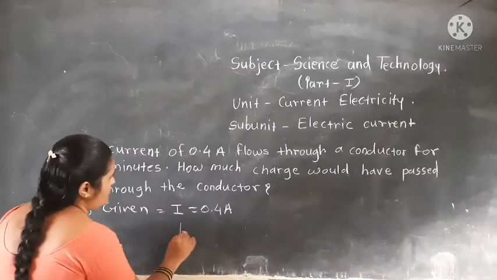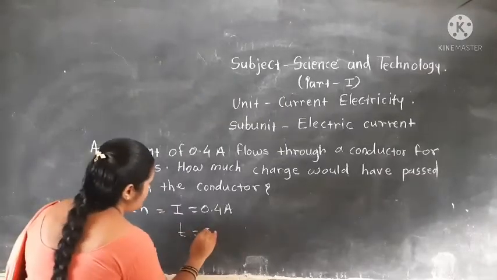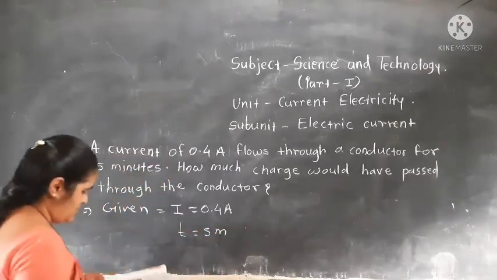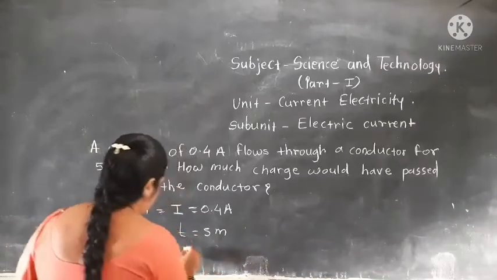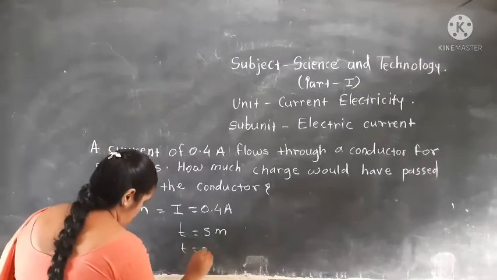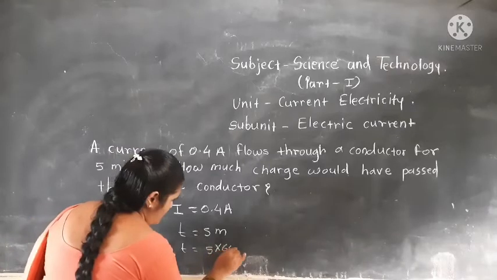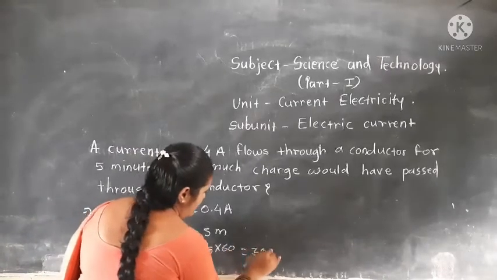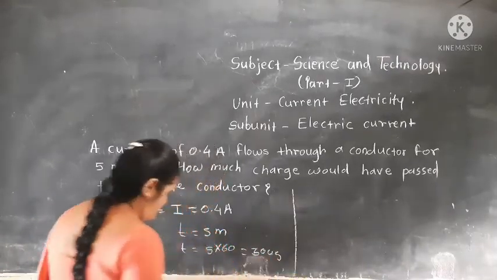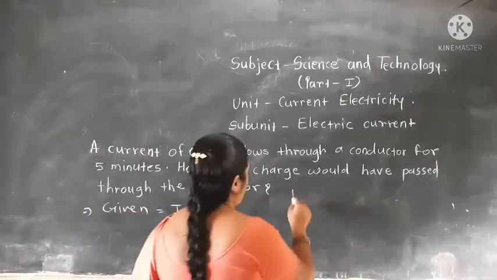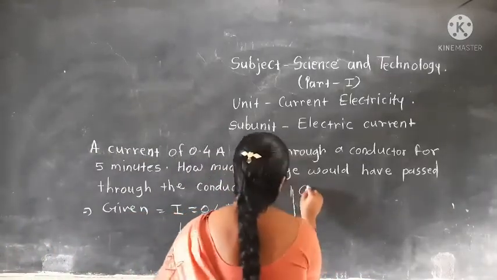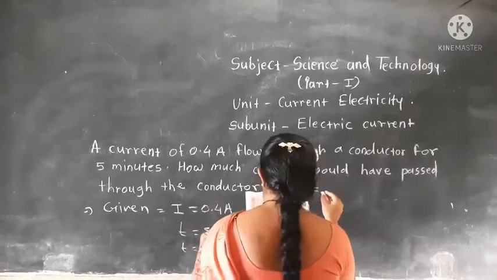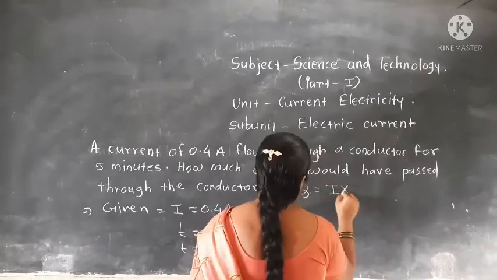Time is given as 5 minutes and it will be converted into seconds. Then t is equal to 5 into 60 is equal to 300 seconds. Then we have to calculate how much charge passed, that is Q is equal to, we have to use this formula I into t.